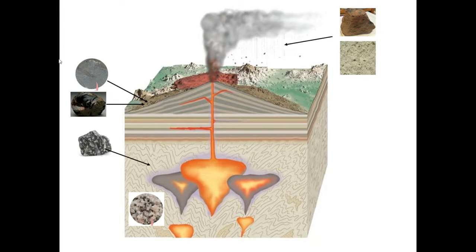The pyroclastic textures that you see on the right side would be the result of ash blown into the atmosphere. And on the left, we have this porphyritic texture, and initially it forms at depth, and then it comes to the surface. I hope this helps you out in understanding a little bit more of igneous texture.